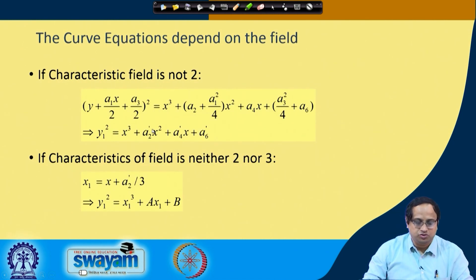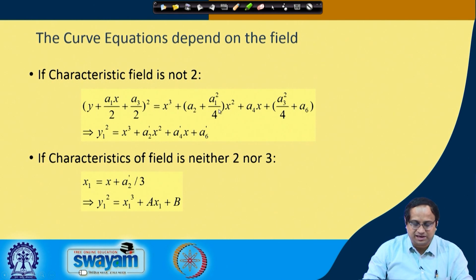Here you see that I have divided certain terms by 2. This division is allowed simply because the characteristic is not 2. If the characteristic was 2, then I cannot do this division, because in that case 2 is equivalent to 0 and I cannot divide by 0.